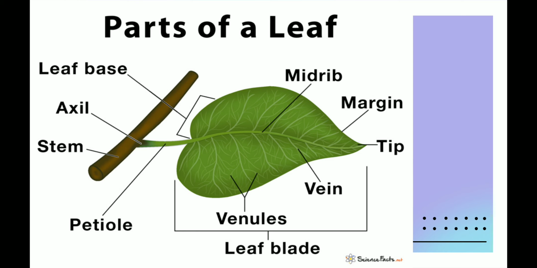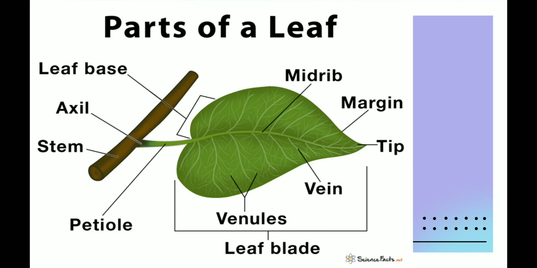It varies in length or may be lacking entirely, and the base of the petiole is attached to the stem at the node. So the smaller angle formed between the petiole and the stem is called the leaf axil. And an active or dormant bud or cluster of buds is usually located in the axil and is referred to as the axillary buds.